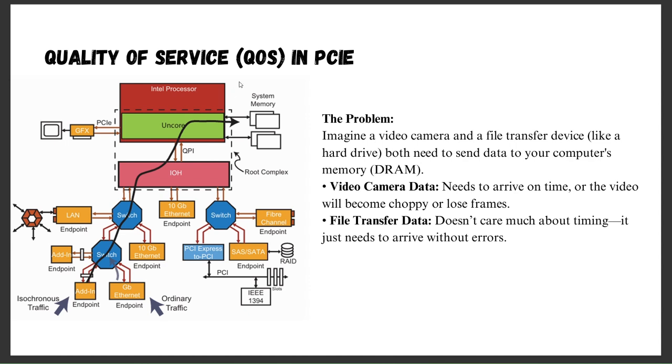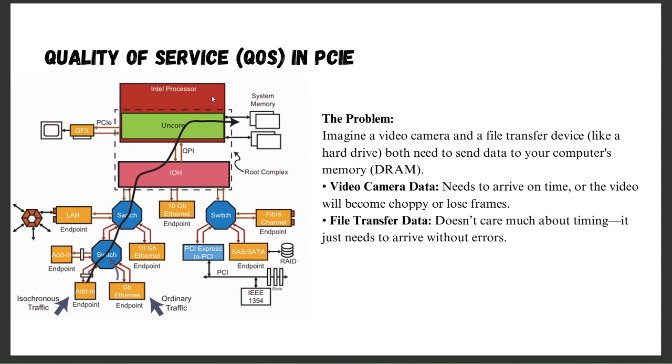This can be handled by the hardware or software. With these mechanisms in place, the system can guarantee that high priority data like video gets enough bandwidth and low latency, ensuring smooth performance. So, do you have any doubt in this? How quality of service works?